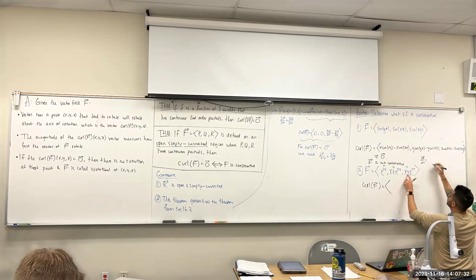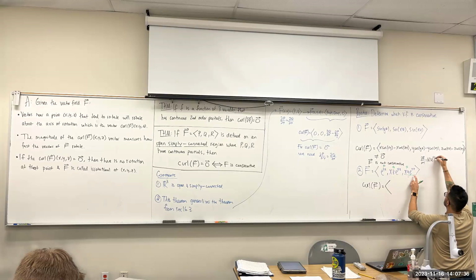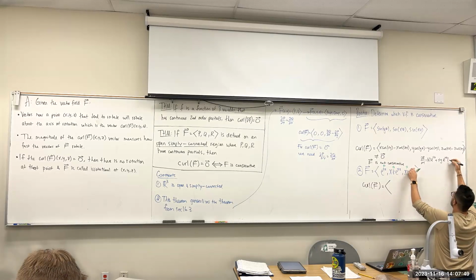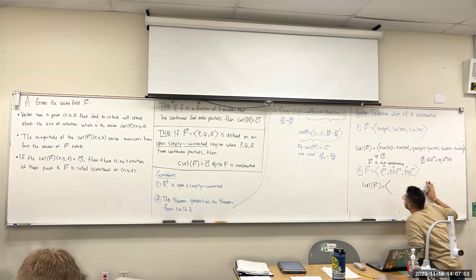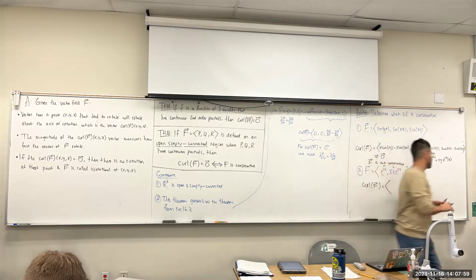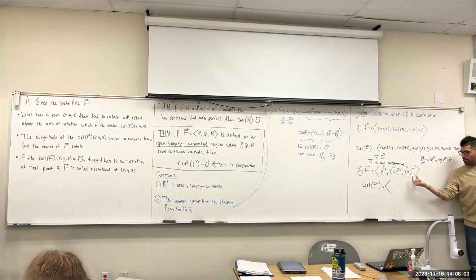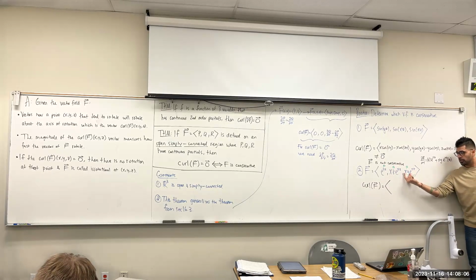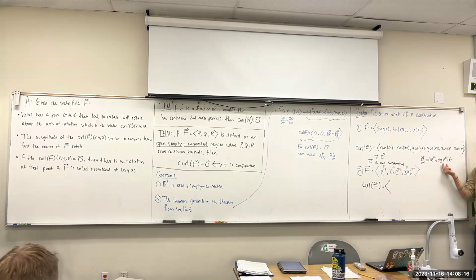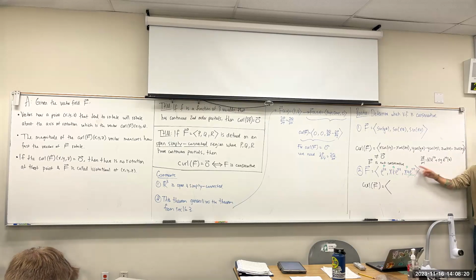Take the derivative of the first function with respect to y, that's x, times the second function, plus the first function times the derivative of the second with respect to y, but then you have to use the chain rule with the yz on top.